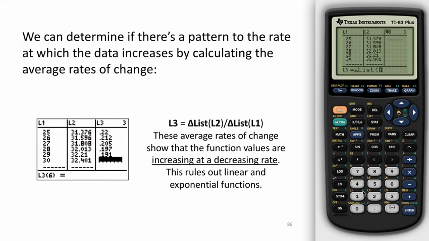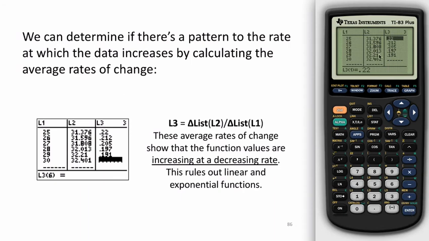The delta list L2, the change in outputs, divided by delta list L1, the corresponding change in inputs. We've gotten a lot quicker with these computations, haven't we? Delta list L2 divided by delta list L1. Those are the delta y over delta x values, the average rate of change on each of the intervals.